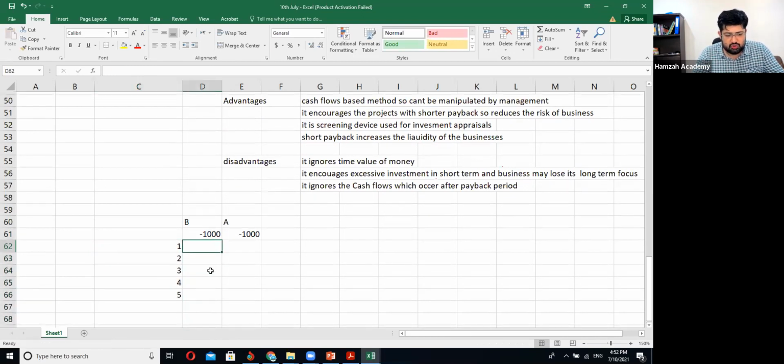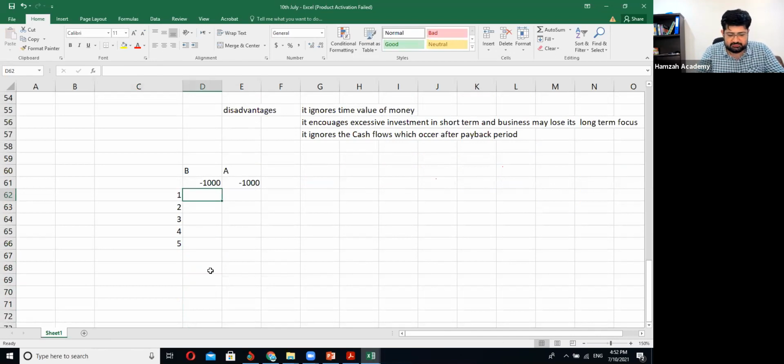So for example, cash flows: 500, 300, 200, 150, 120, and 300, 400, 400, 450, 550.